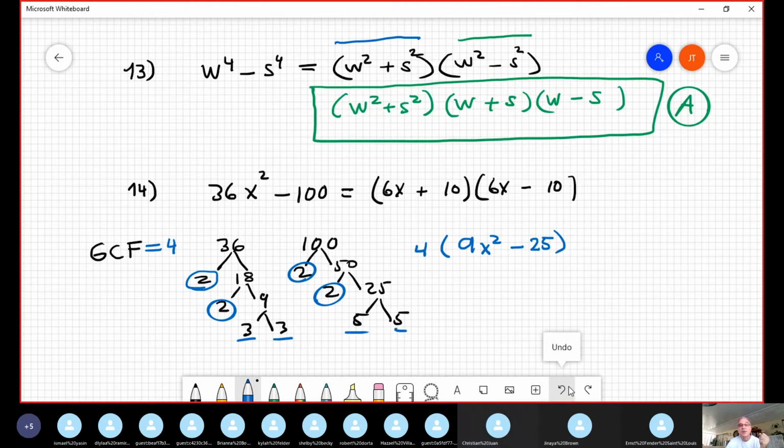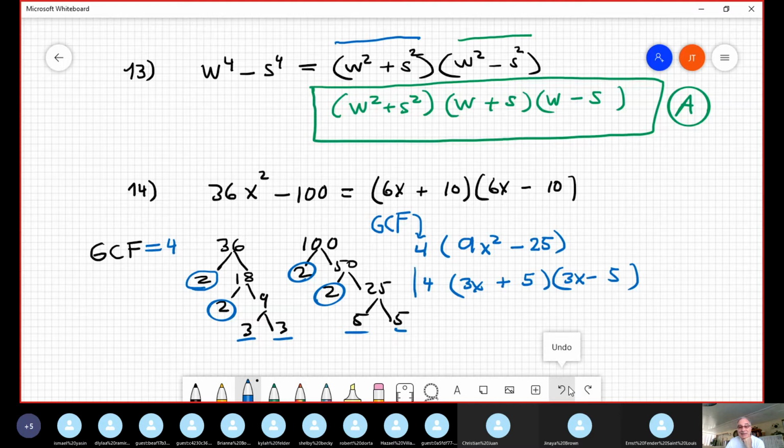Keep this 4; that was the GCF. Now you apply the formula for the difference of squares. The square root of this guy is 3x, the square root of this guy is 5, plus or minus.